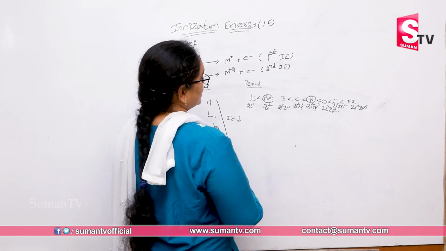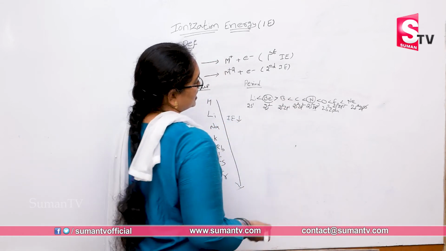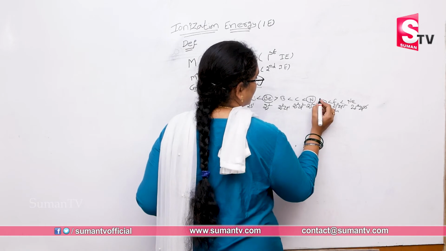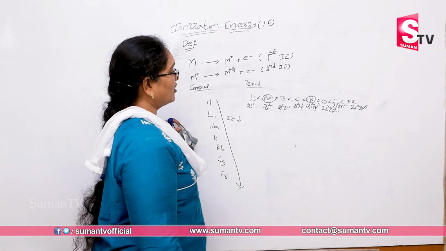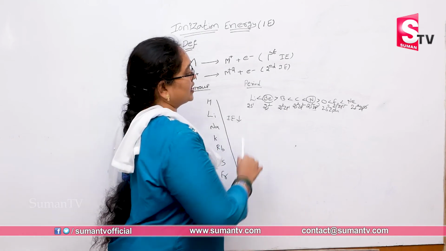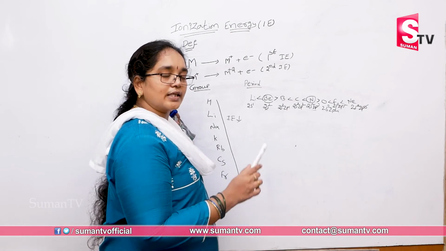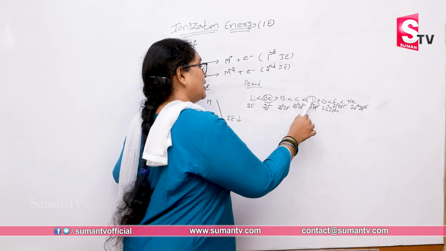So in this period, beryllium has more ionization energy than boron. Even nitrogen has more ionization energy than oxygen. This is the exception in the case of periods. Generally, from left to right, ionization energy values increase due to the decrease in size.